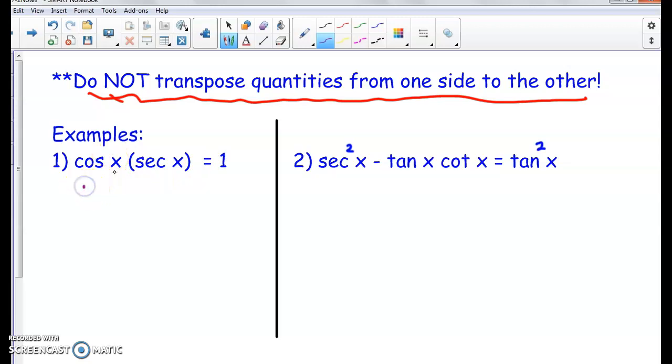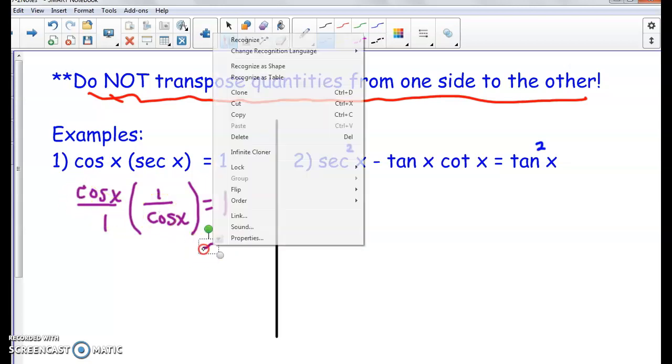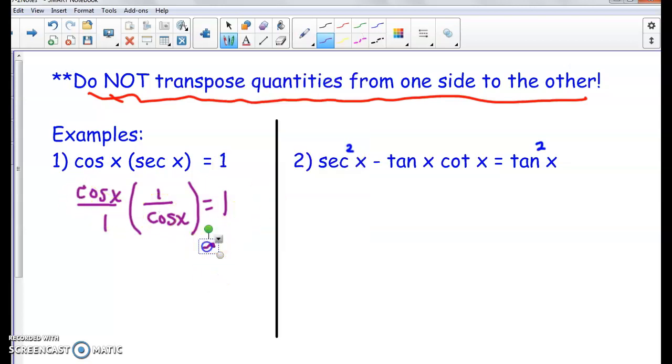So what I would do is start with the more complicated side, which is the left. This one is fairly straightforward. The secant is the reciprocal identity of cosine, so I'm going to switch it over. So I chose to change secant to cosine terms. And then I'm looking at this as a fraction, so again I didn't move anything to the left or the right.